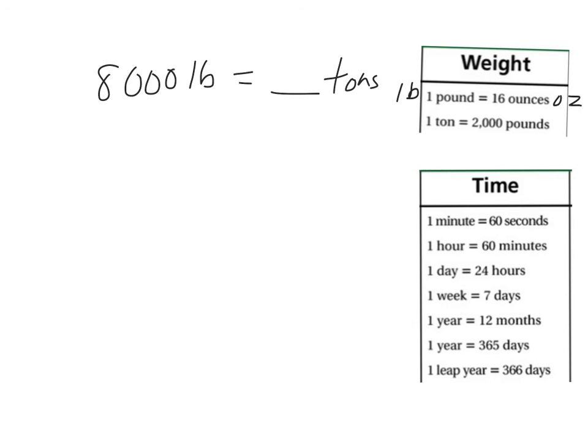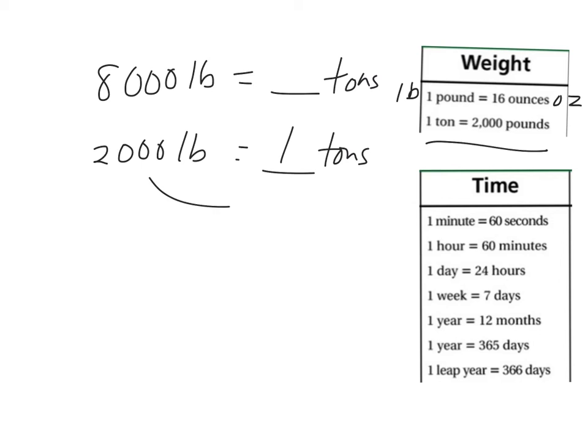Now that you've had an opportunity to figure it out on your own, let's check to see if you're correct. What I can do is go from 2,000 pounds equals how many tons? Well, I know 2,000 pounds equals 1 ton because that's one of my conversions right here. I know to get from 2,000 to 1, I am going to divide by 2,000. I can then use that same strategy to divide by 2,000 here to end up getting 4.